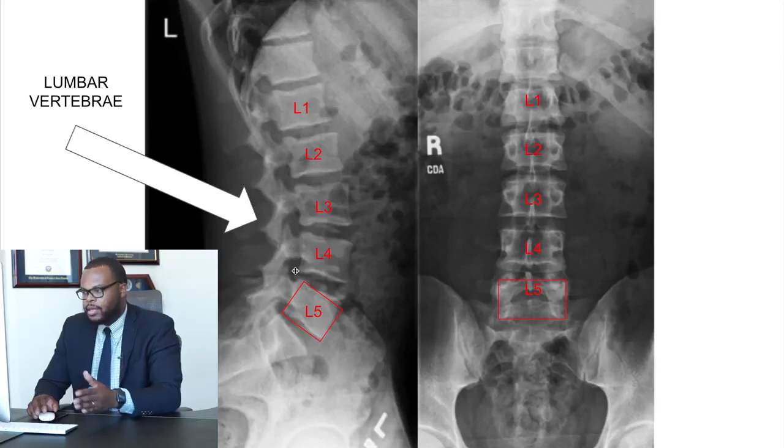But AP, lateral, standard x-rays that we get for patients who come in with low back pain or leg pain. Sometimes if we're assessing instability, or if we're looking for something specific, like some pathology at the facet joints, which are these connections of bones in the back of the spine, or if we're looking for what's called pars defects, which is a portion of the bone that may be fractured, then we get what's called oblique films, which means the patient's kind of turned to their side, or we get what's called flexion extension views.